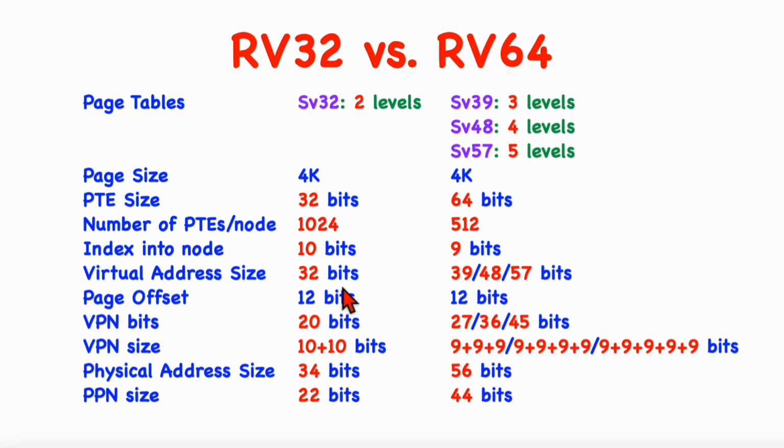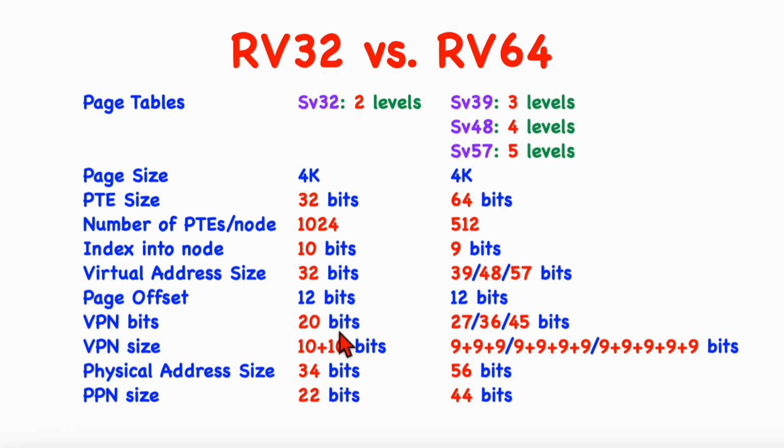With 64-bit machines, the size of the virtual address is either 39, 48, or 57, depending on which paging scheme is used. Since pages are still 4 kilobytes in size, the page offset is the same, namely 12 bits. What changes is the size of the virtual page number.